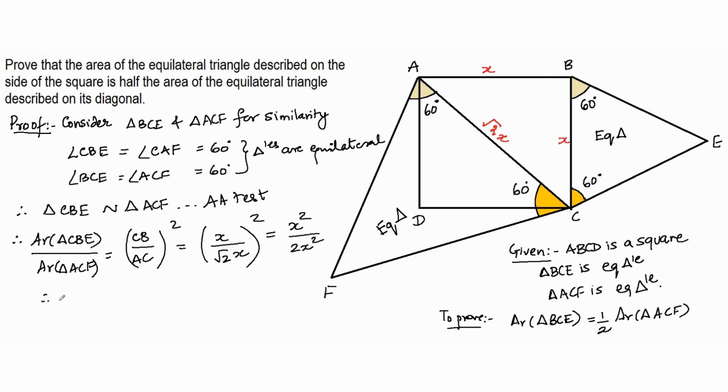Therefore I can say that area of triangle CBE divided by area of triangle ACF is equal to, now over here you will notice that x square and x square cancel, and you basically get 1 by 2, which means that area of triangle CBE is equal to half the area of triangle ACF. So this is one way by which you can prove this particular problem.